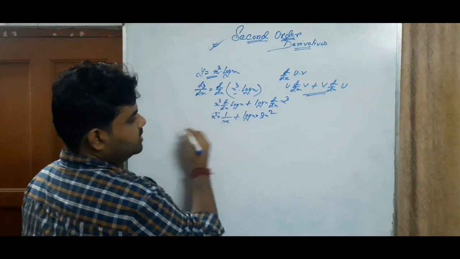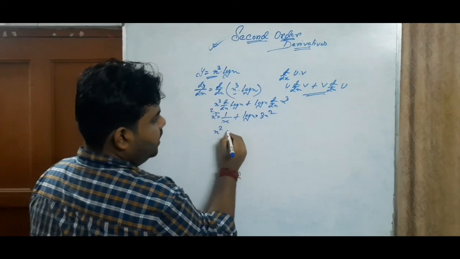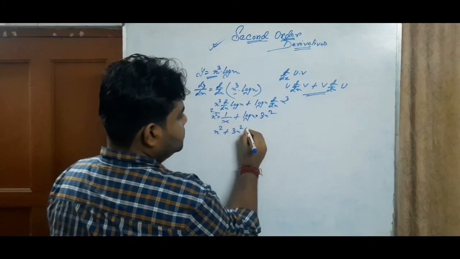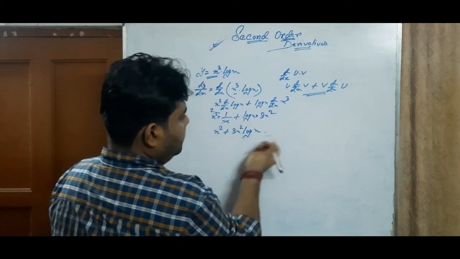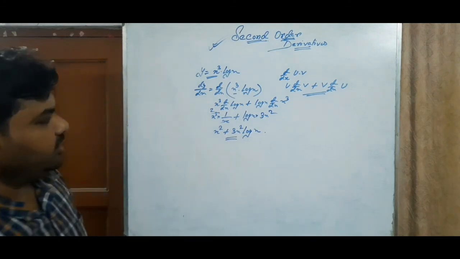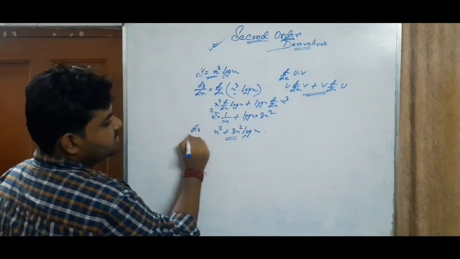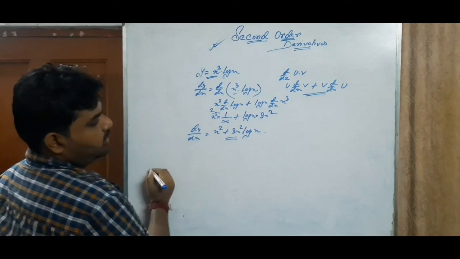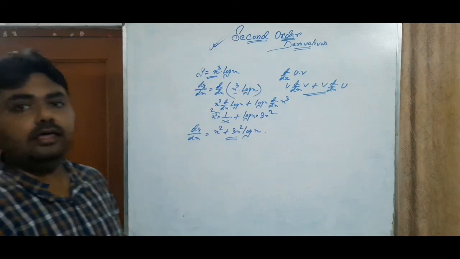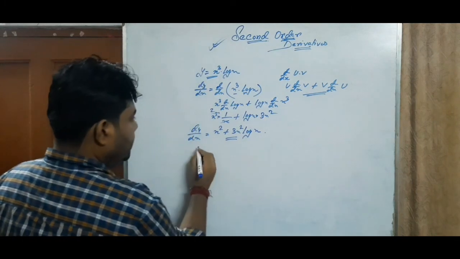Now we can cancel out, that is x square plus 3x square log x. This is the first order derivative. Now we will find the second order derivative, that is d2y by dx square.